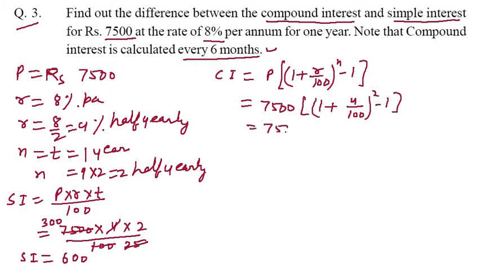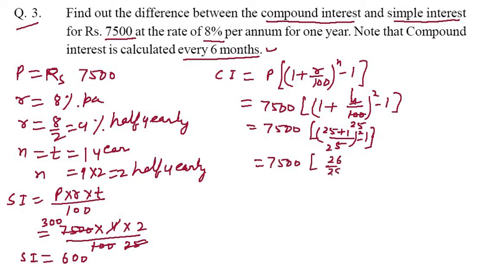So here is 7500, and 4 ones are 4, 4 twos are 4 upon 100, that is 1 upon 25. So taking the LCM 25, it will be 25 plus 1, and the square, minus 1. So it is 7500, and here is 26 upon 25 and whole square minus 1.